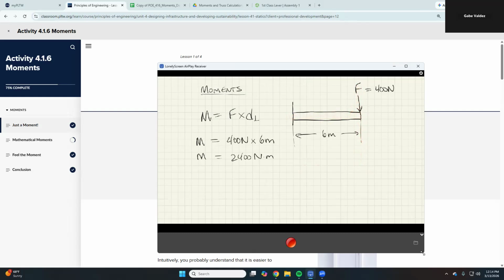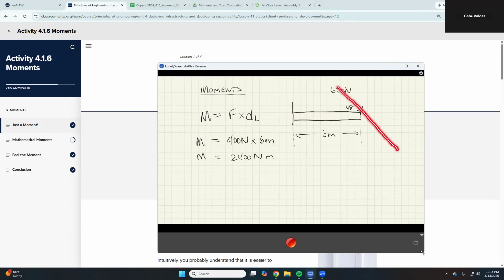If I had some force that was acting at some angle, so let's suppose that my force was acting at an angle like this, of 600 newtons, and we knew that this was a 45-degree angle. Then that moment that's generated by that force, again, has to be perpendicular to the distance from that point of rotation.